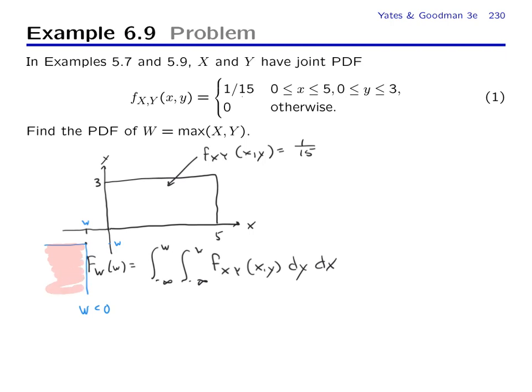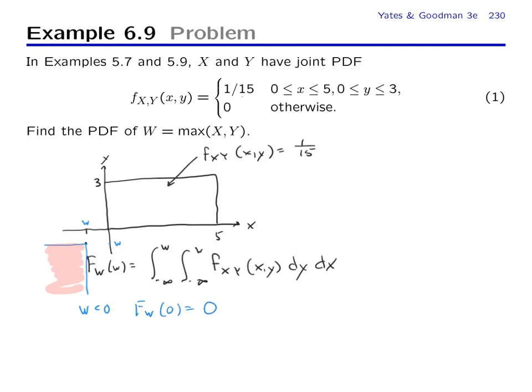And over this region, the PDF of x and y is 0. It's part of the 0 otherwise region. So for W less than 0, we can conclude that the CDF of W equals 0.